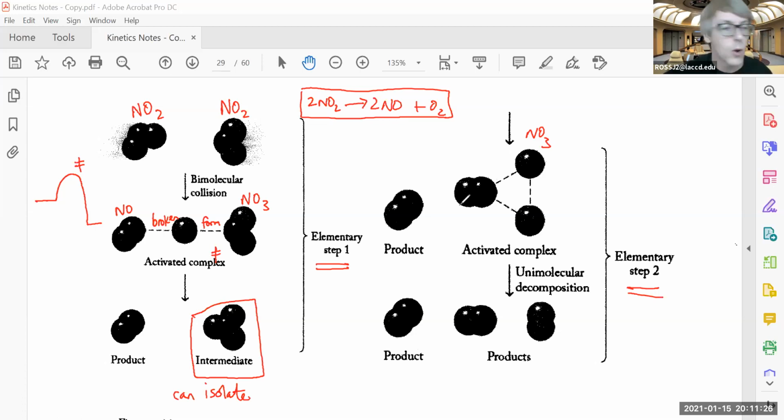And then we're going to essentially make NO2, NO, and we're going to form O2. So this would be O2 here. We've got two NOs here. Okay. So that's just to try and orient you a little bit about what's going on.